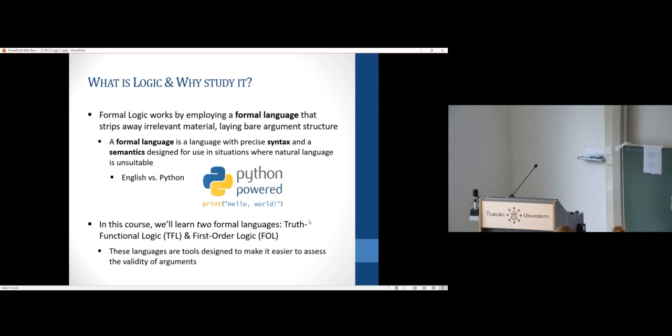If this is a sledgehammer, this is a collection of various finely tuned hammers. Some of very big size, some of very small size. So you can do a lot more with this than you can with this. But we have to learn how to use this hammer before we get to play with the smaller, finer ones. And again, importantly, these are tools designed specifically to help us judge validity. Okay.